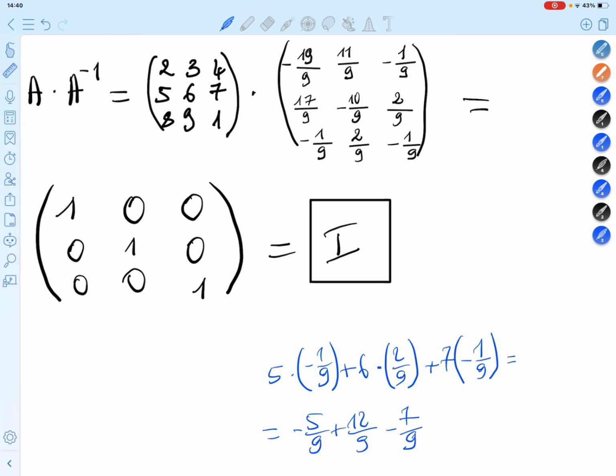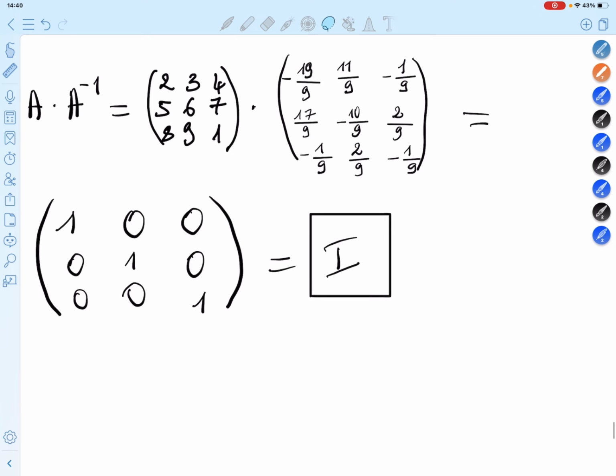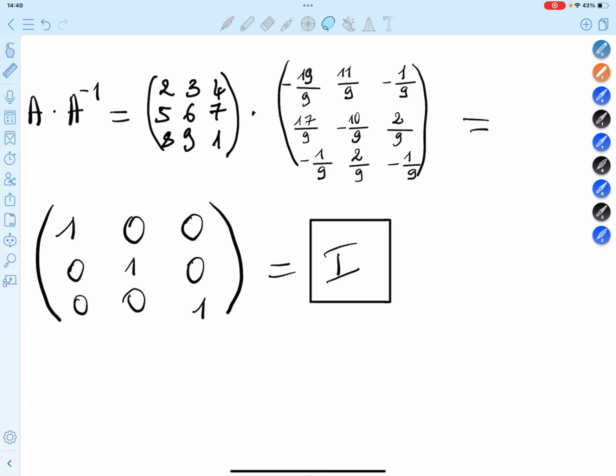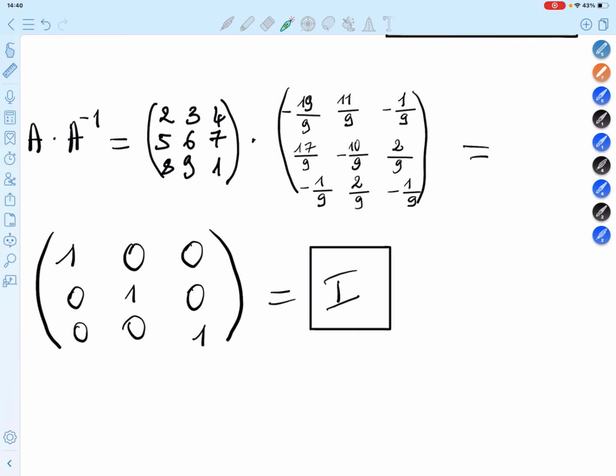Then minus 7 over 9. And that is 0, because we got negative 12 plus positive 12, which is 0. So this one is fine. And the last one would be fine as well. You can try yourself. You would get 0, 0, 1 for the last column.